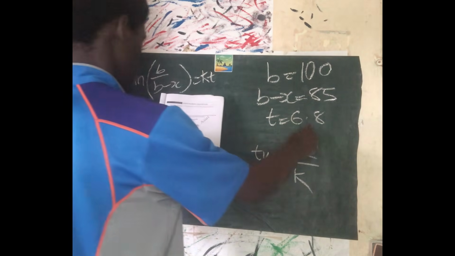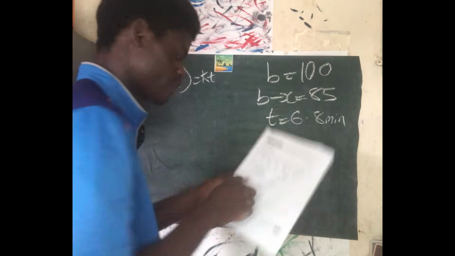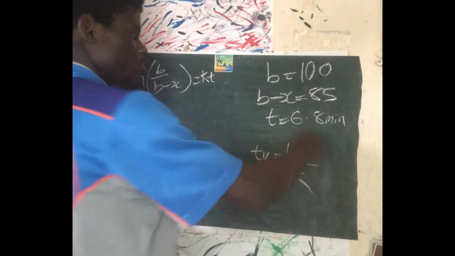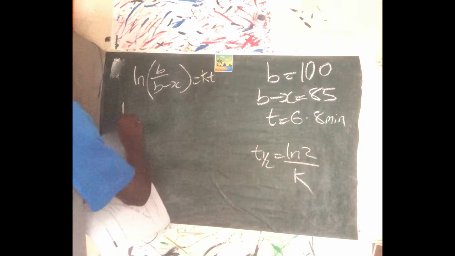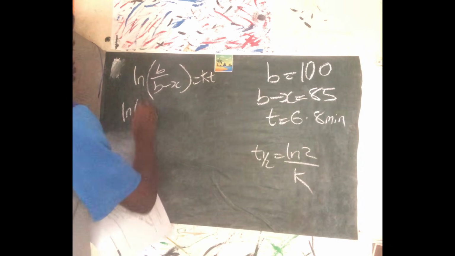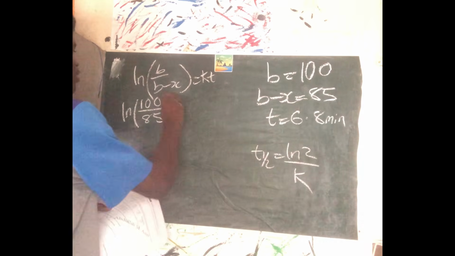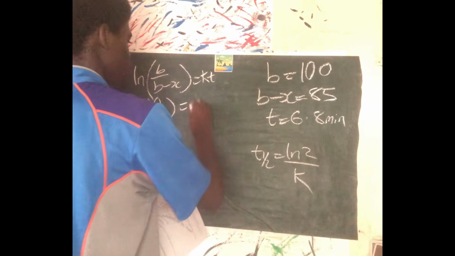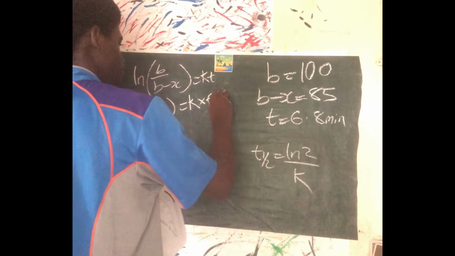The time is in minutes, and since the half-life is also in minutes, there's no need to change this to seconds. You have to work with your options. So ln b will be 100 over b minus x, that is 85, is equal to k times 6.8. We're looking for k.